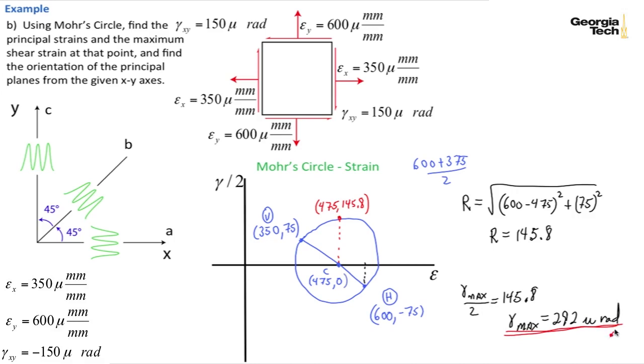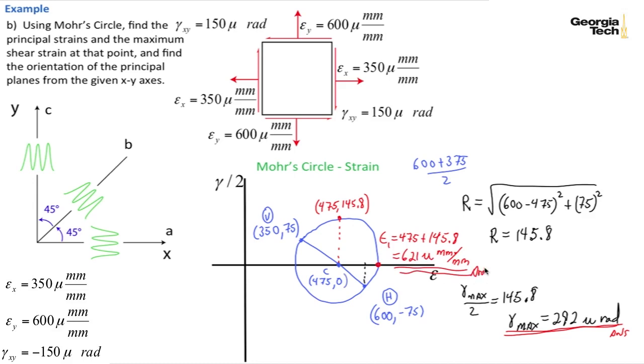I still want to find my principal strains. If I add the radius to 475, that's going to give me my first principal strain. So epsilon sub 1 is going to be 475 plus 145.8, and then rounded to 3 significant figures, that gives me 621 mu millimeters per millimeter.